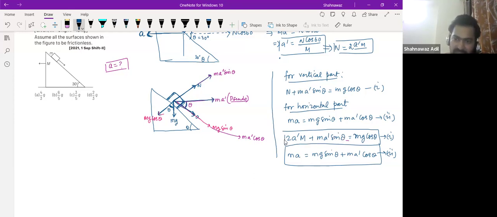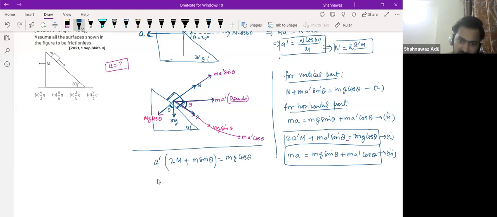So what is this A prime? This A prime, if we take it common, so this is 2m plus m sine theta. Right, and this is mg cos theta.